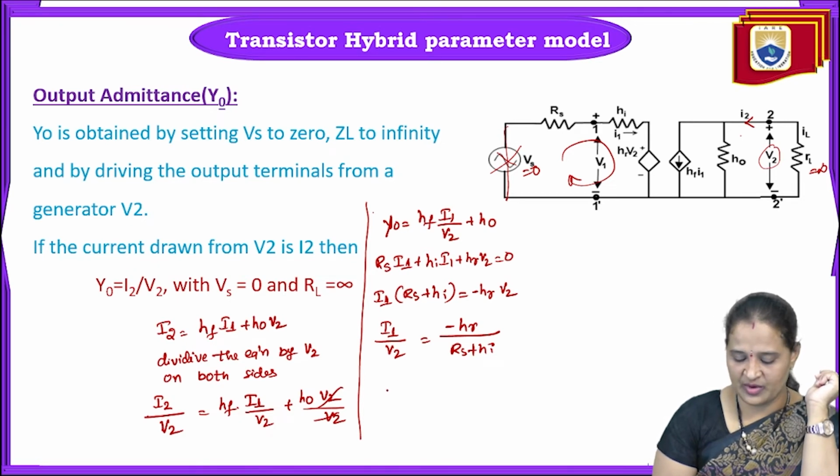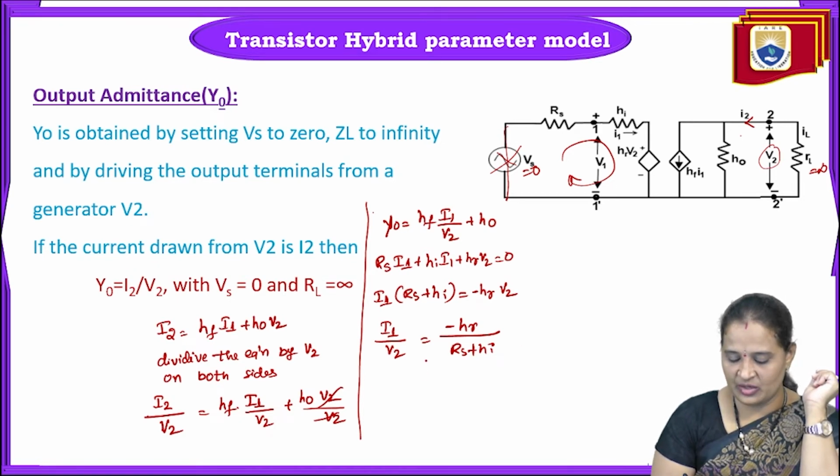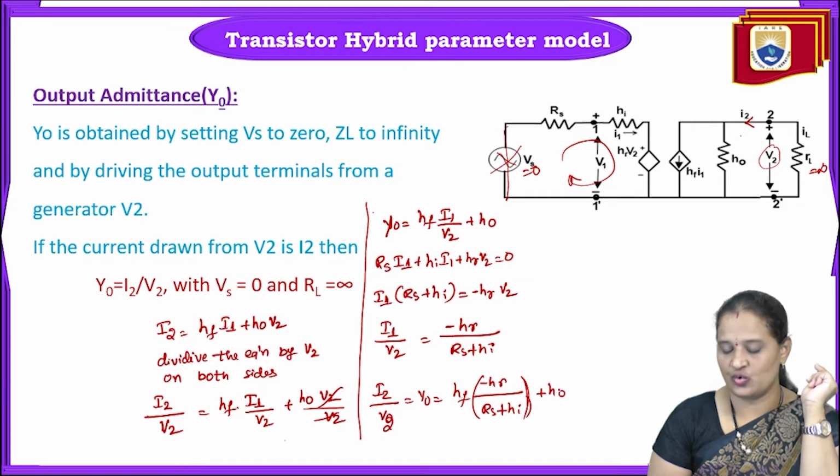Now substitute this I1 by V2 in this equation. Then I2 by V2, which is nothing but Y0, is given by HF into the I1 by V2 value we have just found, minus HR by Rs plus Hi, plus HO.